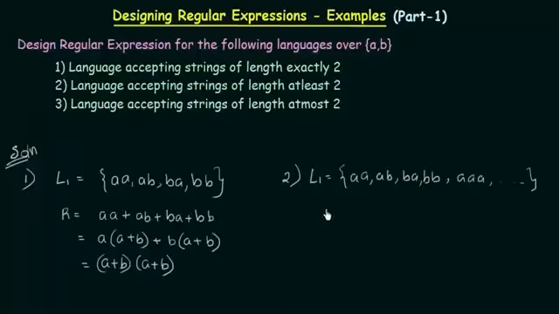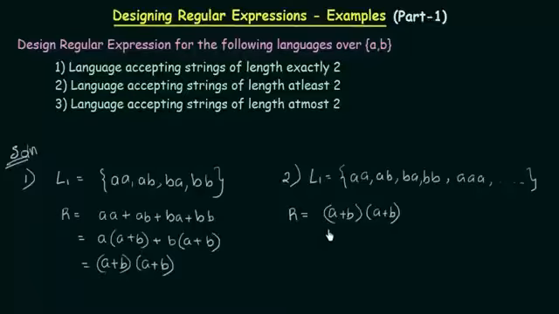So how can we write this? The regular expression for this can be written as R equal to (a plus b), and again I'll write (a plus b). Why did I write this? This is because we already found out from the first question that (a plus b)(a plus b) is used to represent the strings of length exactly 2.